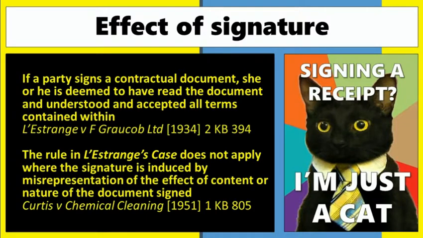Instead, they state either overtly that it's a receipt, or they just don't say anything at all, and the document in its form doesn't look like it has any form of contractual meaning. In that situation, then yes, signature won't be sufficient to incorporate those terms on the back of the sheet into the contract. But it is still important to note that these are exceptions. The rule, in Lestrange's case, is still good law.